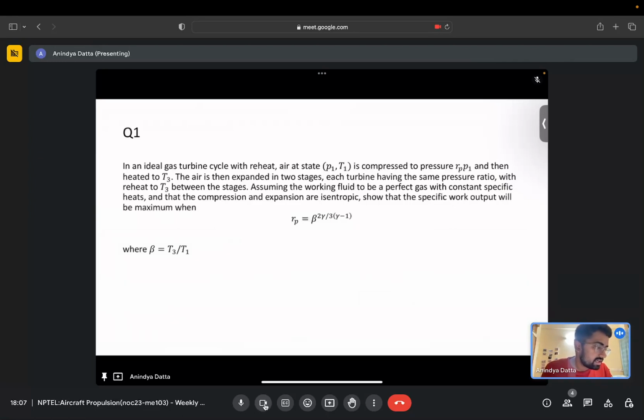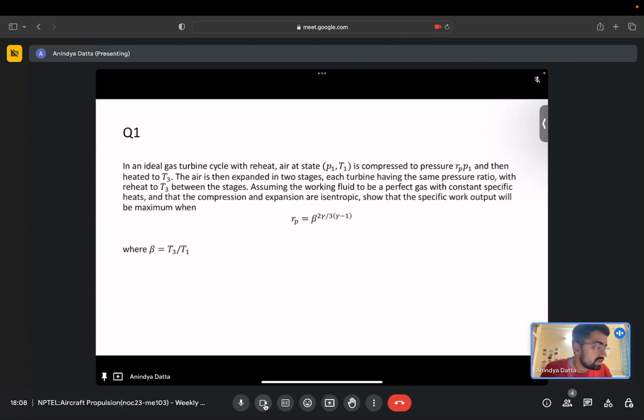It is then expanded in two stages, each turbine having the same pressure ratio, which we expect in a reheat cycle. So the reheater is placed between two turbines, and the pressure ratio across the two turbines is equal. And in the reheater, the working fluid is heated again to the first turbine inlet temperature in between the stages, which is what we call perfect reheating.